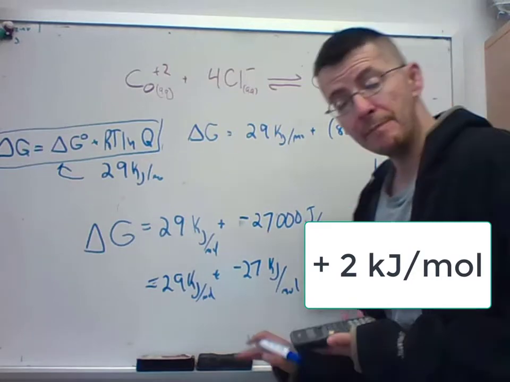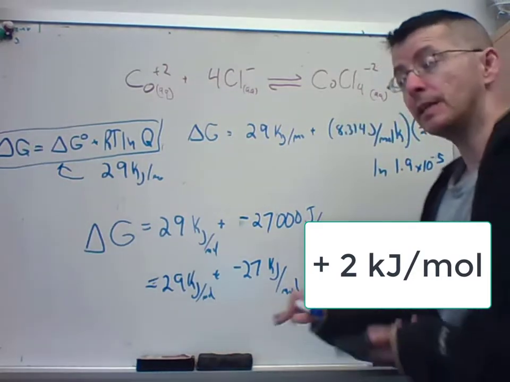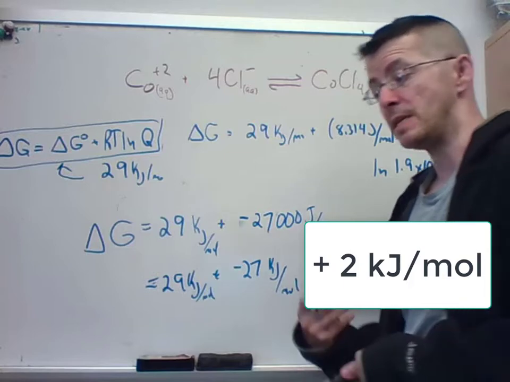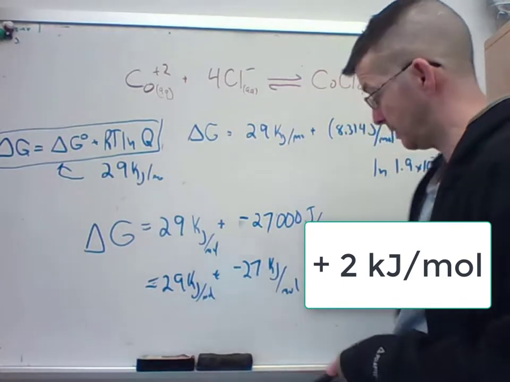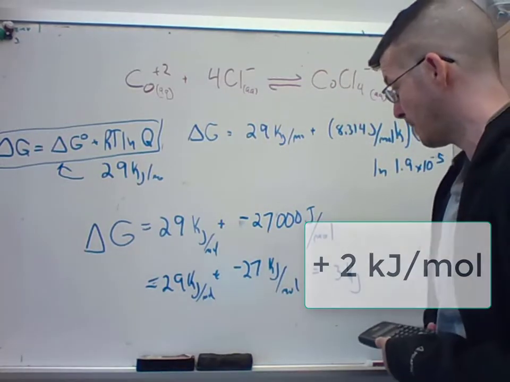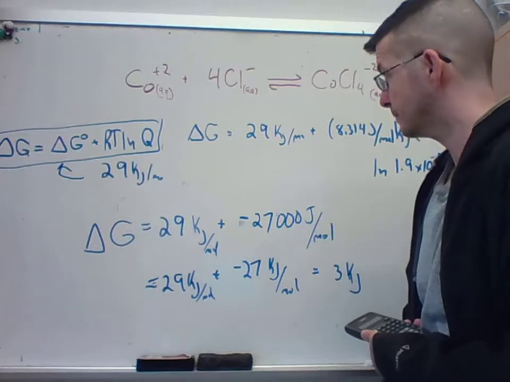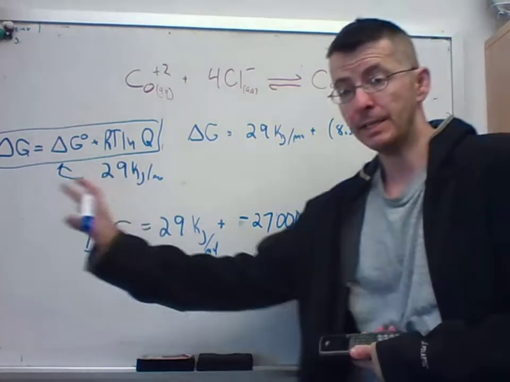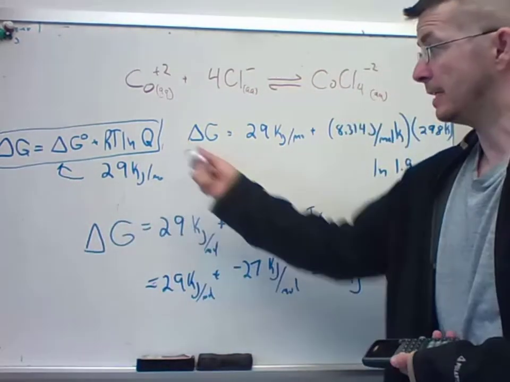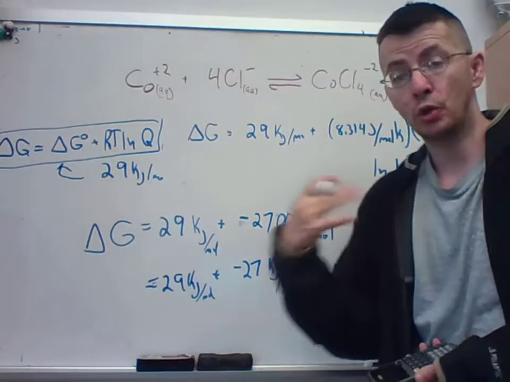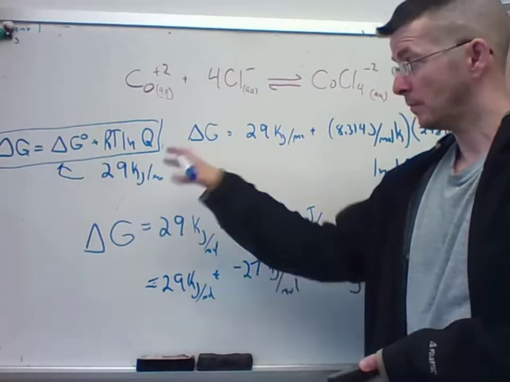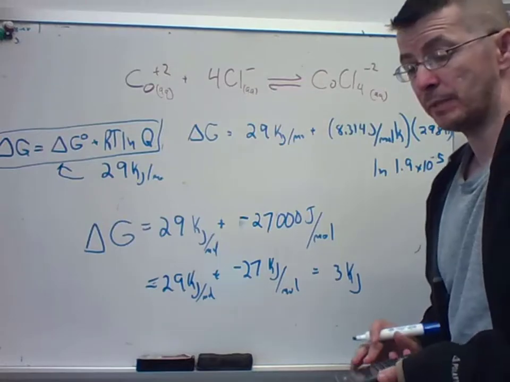Still, this would represent a positive delta G, and therefore the reaction would be non-spontaneous under these conditions. Find Q, take the natural log, correct the units, and you can solve for whether it's spontaneous or not.